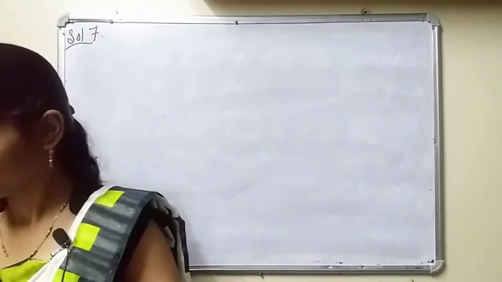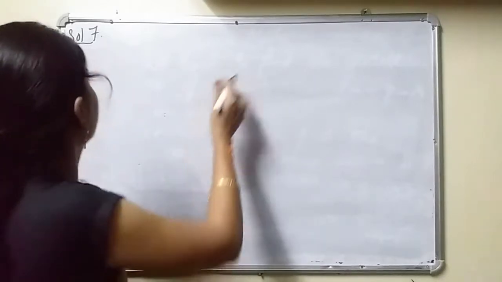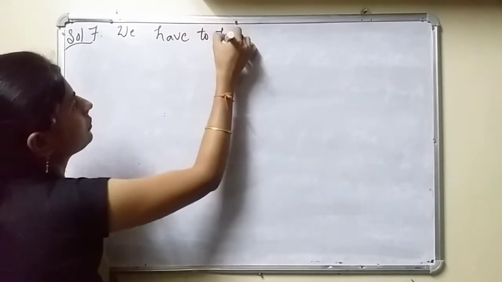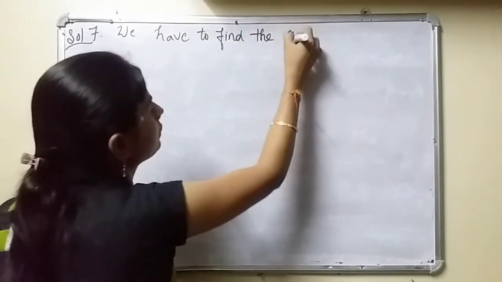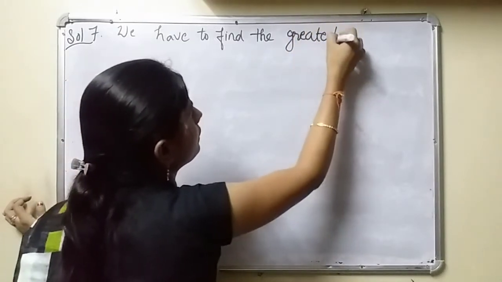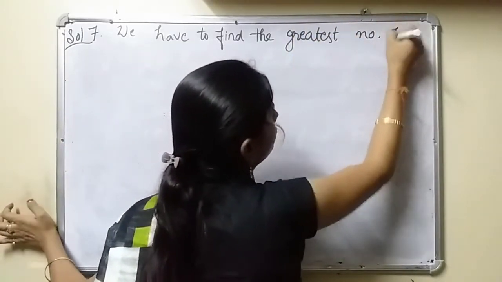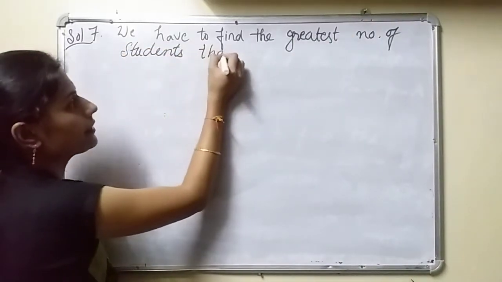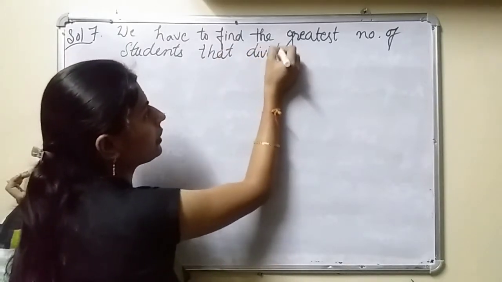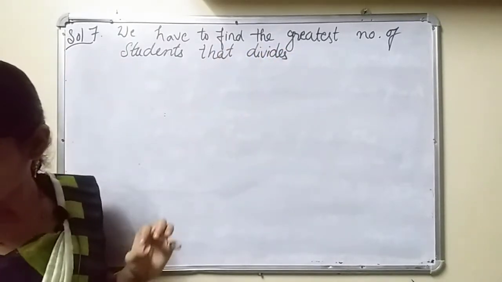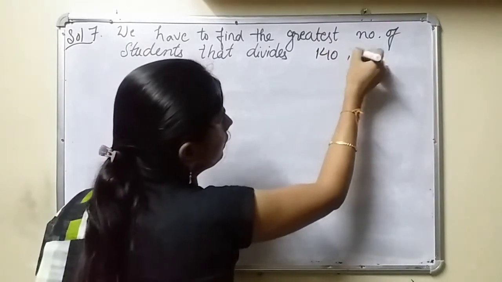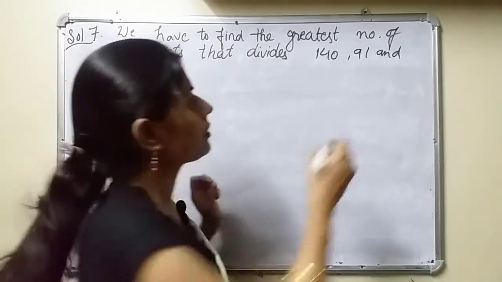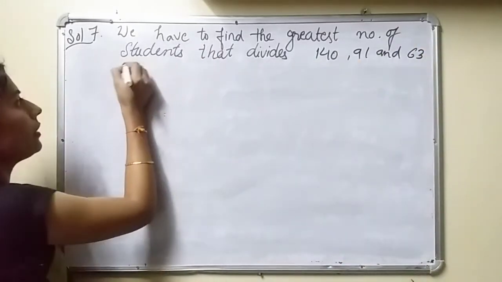Now see, we have to find the greatest number of students that divides 140, 91 and 63.